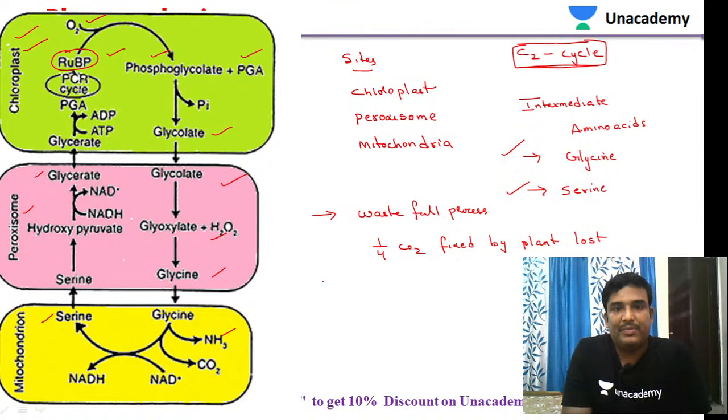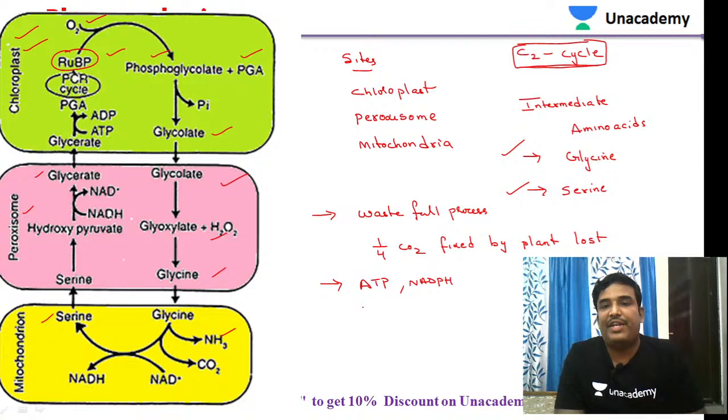At the same time, photorespiration does not produce any ATP or any NADPH. That is another reason: there is no production of ATP as well as NADPH.